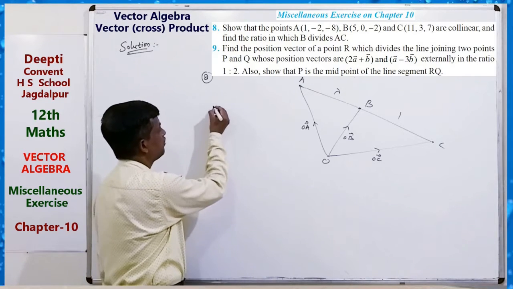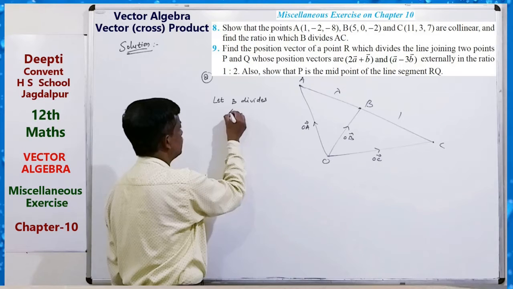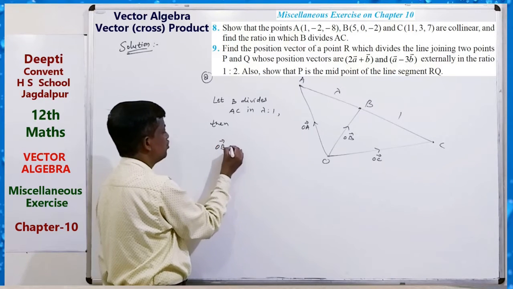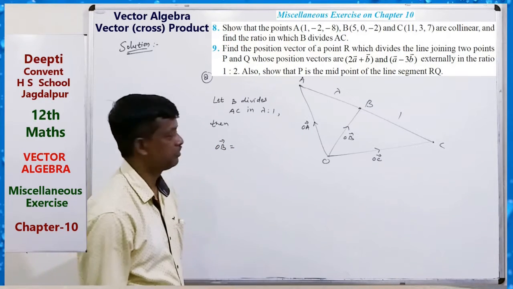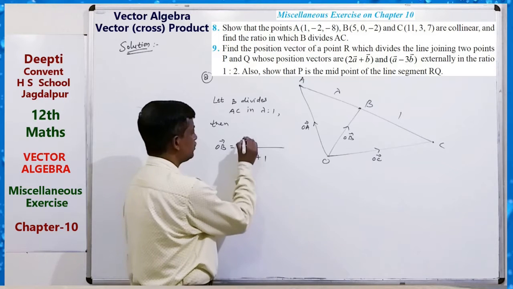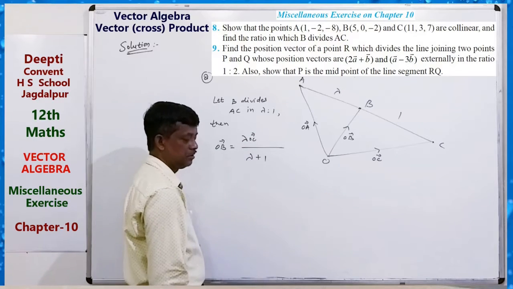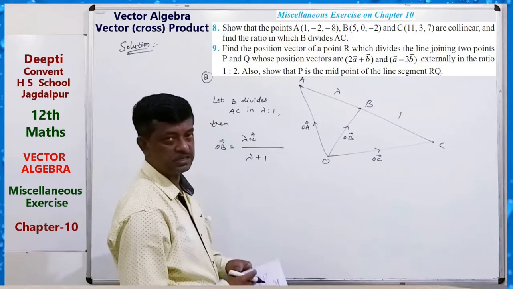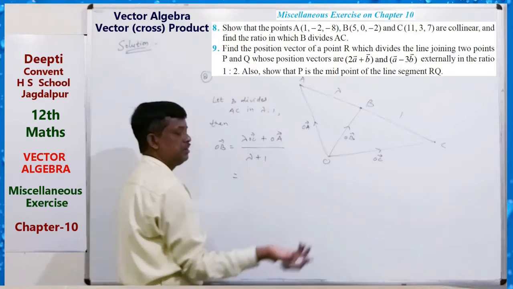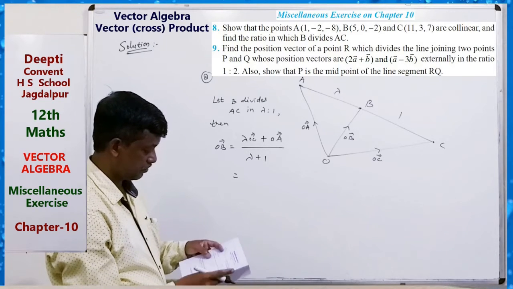Then the position vector OB, by the section formula, equals lambda into OC plus 1 into OA, upon lambda plus 1.